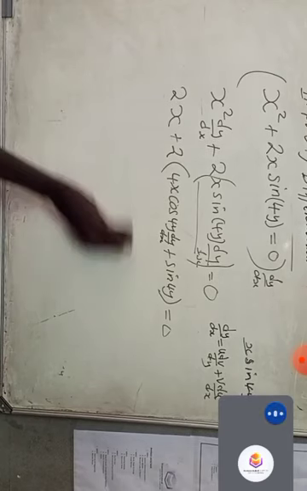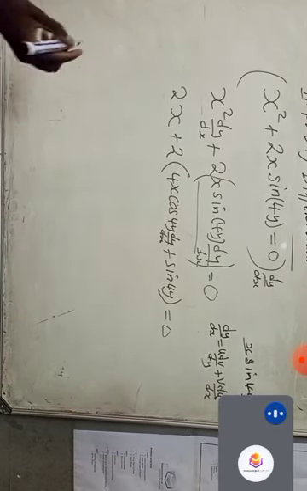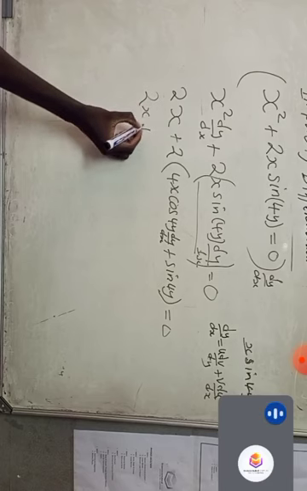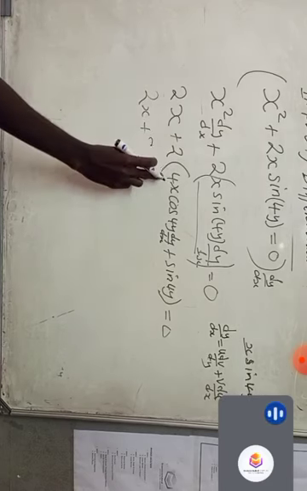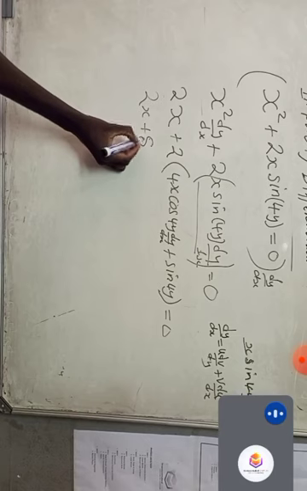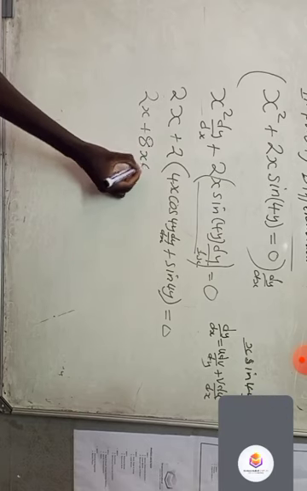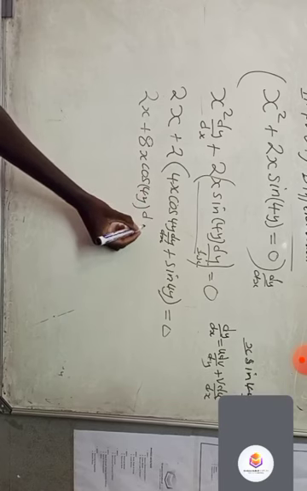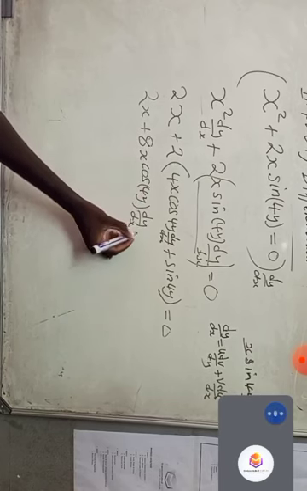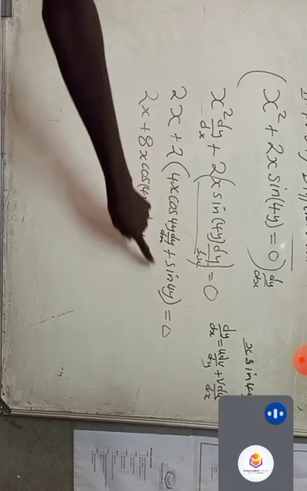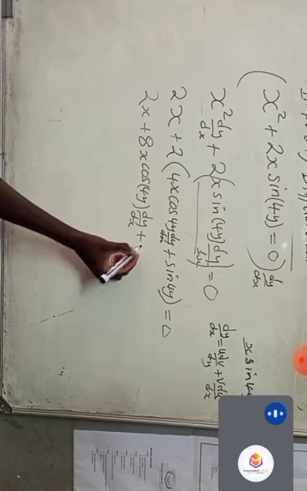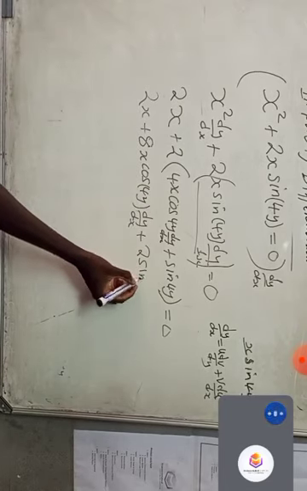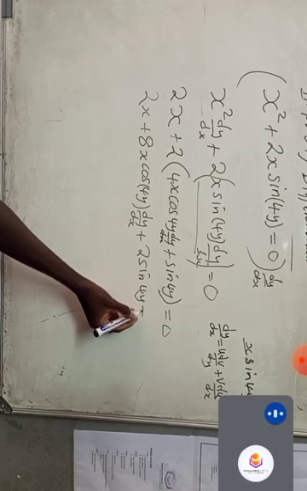Now we have 2 multiplied by the whole of this, so you are going to have 8x cos 4y dy dx, then plus 2 multiplied by sine 4y, you are going to have 2 sine 4y equal to 0.